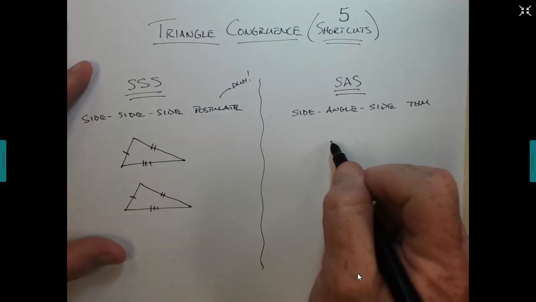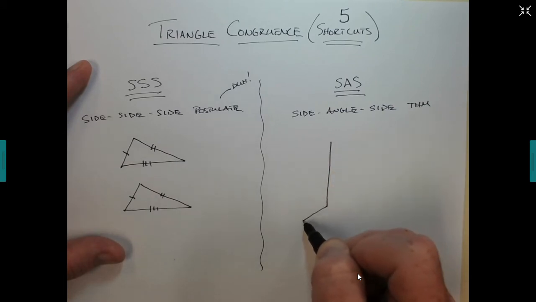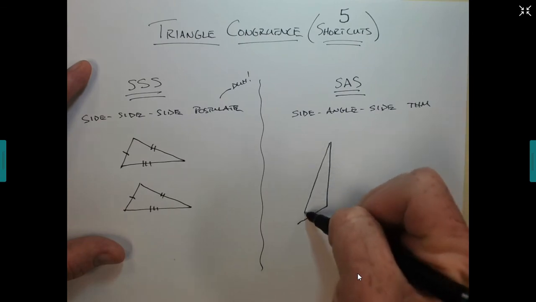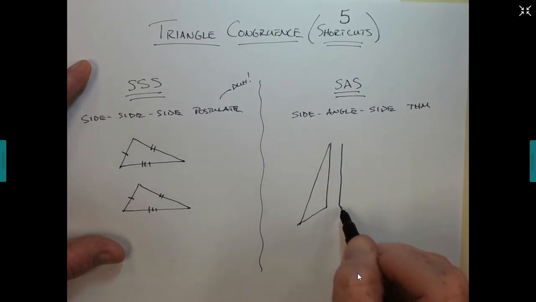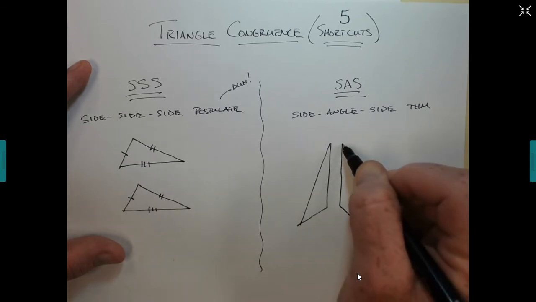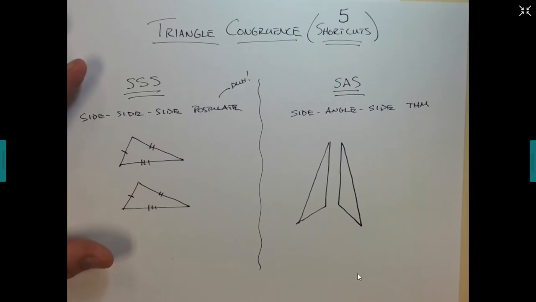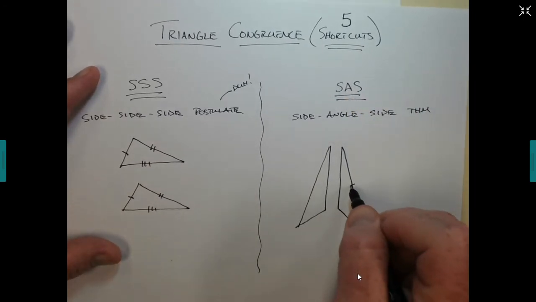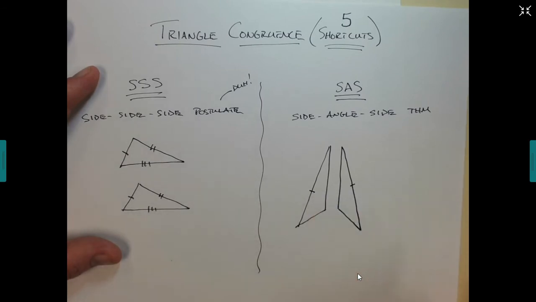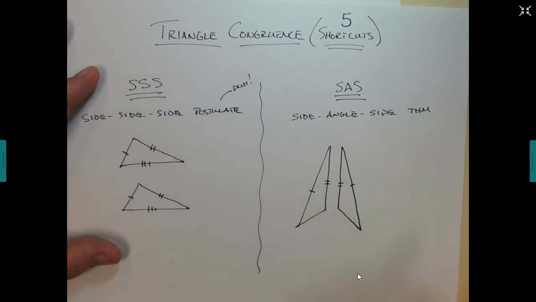All right, so I'm just going to take 2 random triangles. And if I happen to have 2 sides, let's say I go for the outside side and this one inside. If I knew these 2 sides are the same. Now you got to be careful.